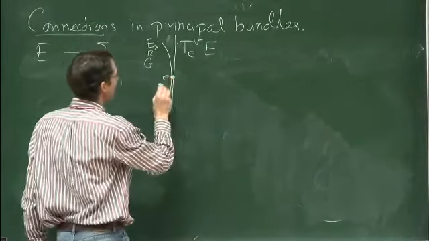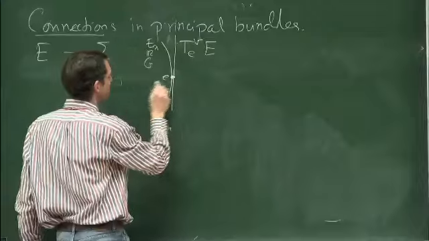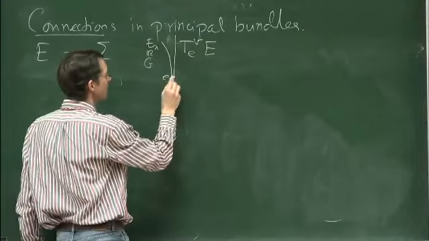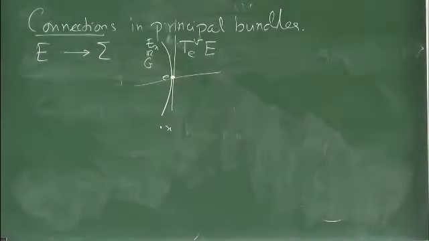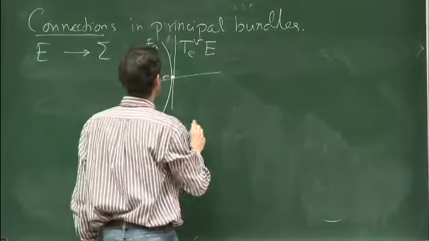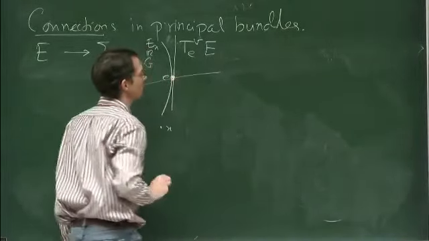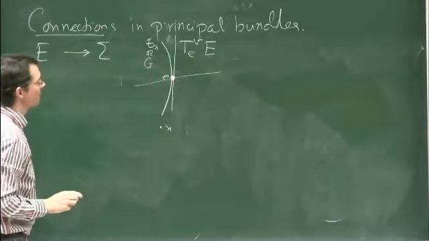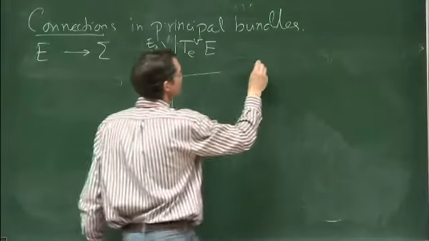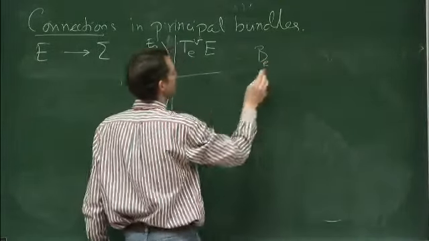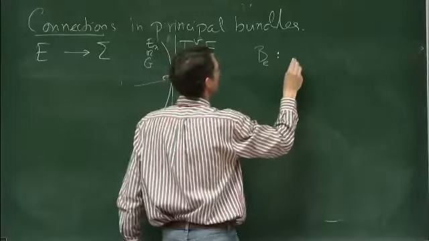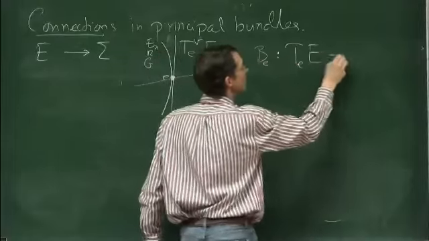And the connection is just a coherent way of choosing complements inside the tangent space to all these vertical tangent spaces. So choosing a horizontal subspace. A convenient way of doing that is to say, okay, let's take a linear map from the tangent space at E to the Lie algebra g.